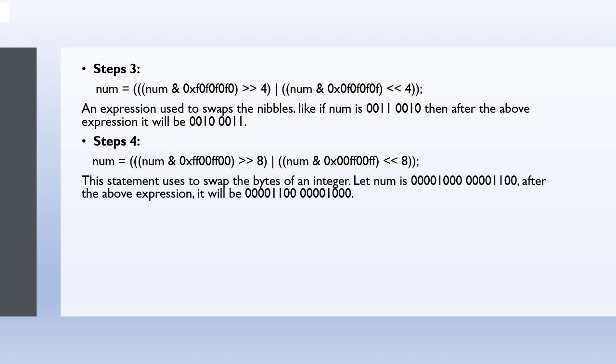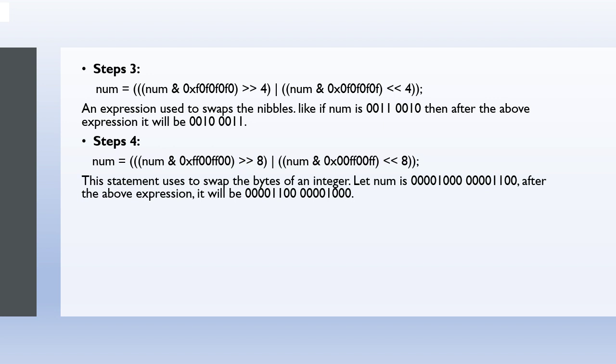The right byte comes to the left and the left byte comes to the right. Can you see this? Earlier the right byte was on the right and the left byte on the left.